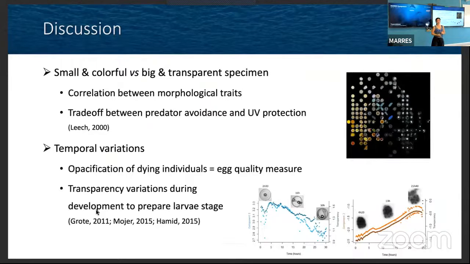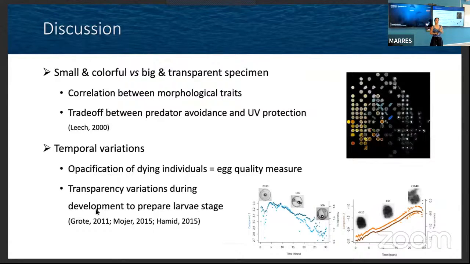This is already used, for example, in industries like aquaculture, for commercial species, to assess the healthy state of the eggs. In our case, it could also be used for many different studies. Finally, for healthy individuals, we also see some variation, as I showed you with the transparency.